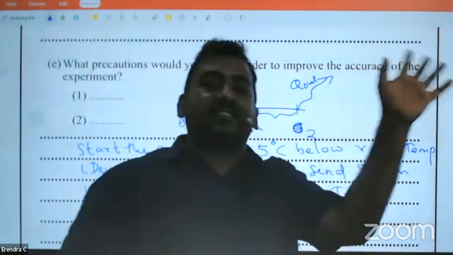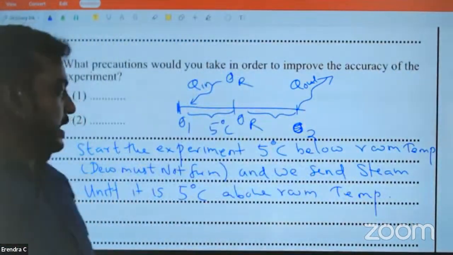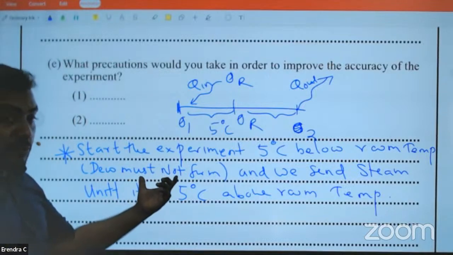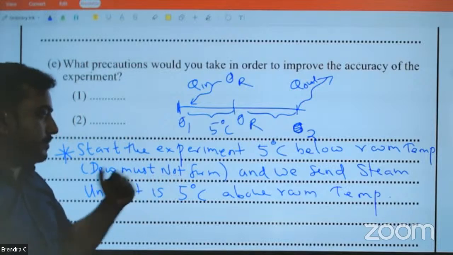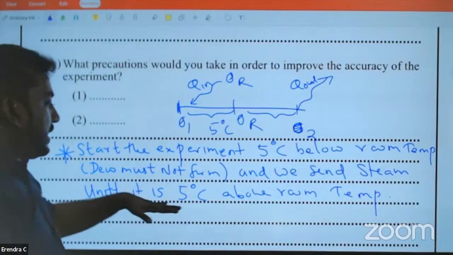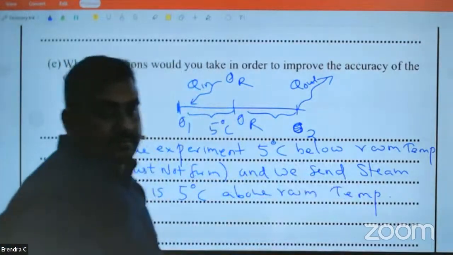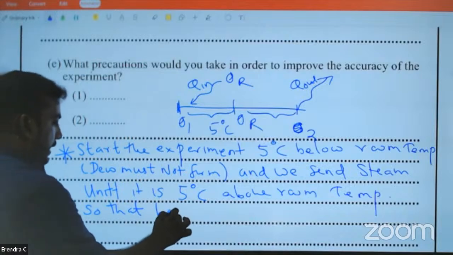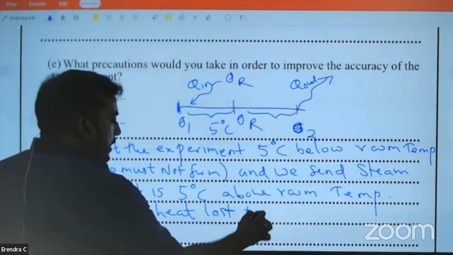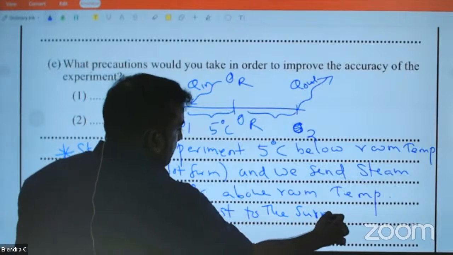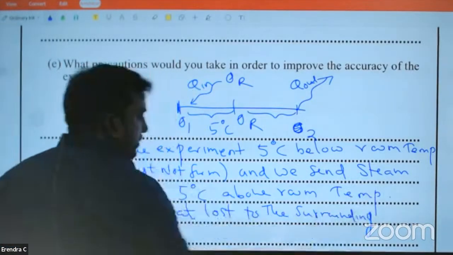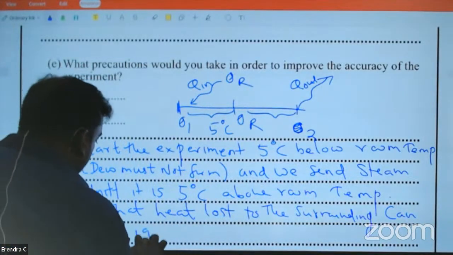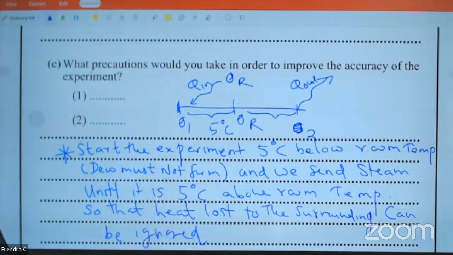So heat loss to the surroundings can be ignored. Understood? Above the dew point. Okay, that is one.